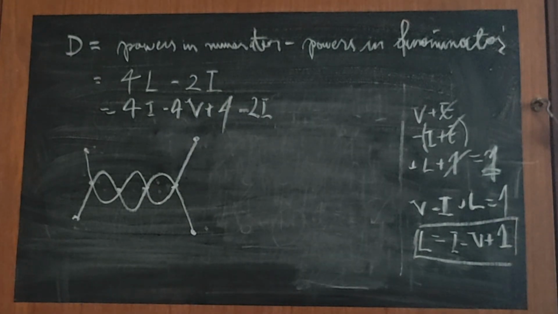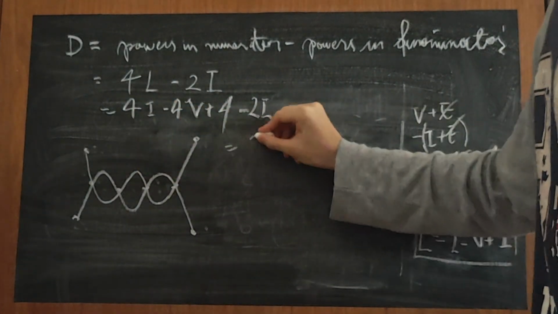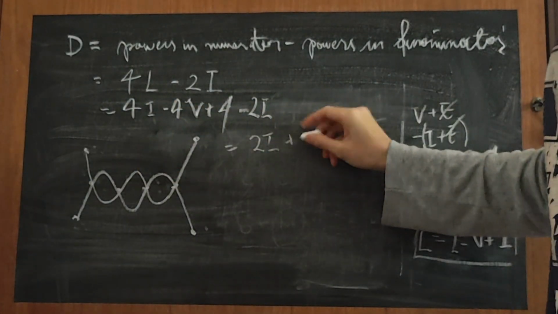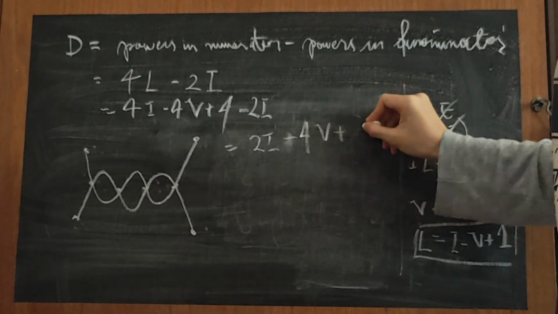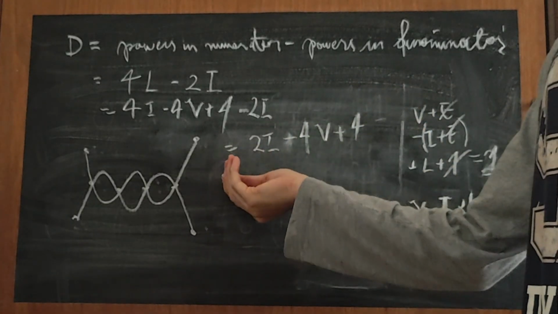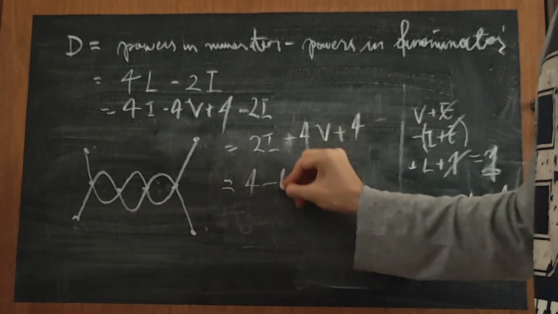Right, we're back. And if we evaluate this, obviously 4I minus 2I, we get 2I, minus 4V plus 4. And I'm going to write these two terms in a bracket.